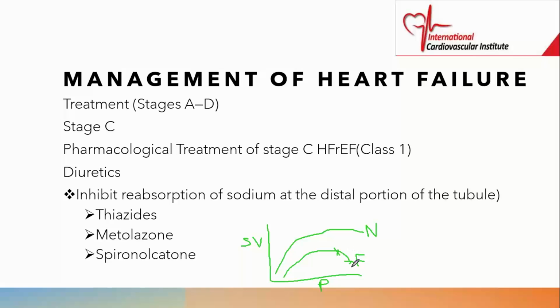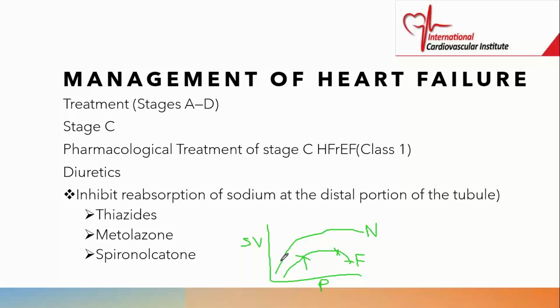The therapy is going to move them along the failing curve, but to a more favorable position, and you can see that they will have a larger cardiac output, because they're moving leftward on the curve. So that's what diuretic does. You don't want to give too much diuretic, then you'll end up someplace down here, and that's going to be less favorable, because you're going to have a reduction in your stroke volume and cardiac output.